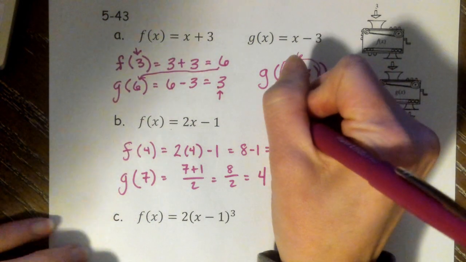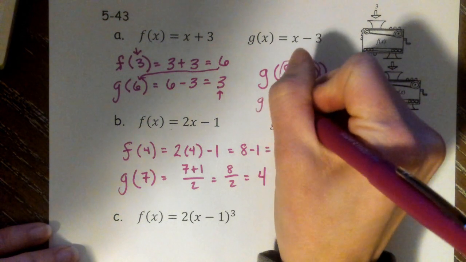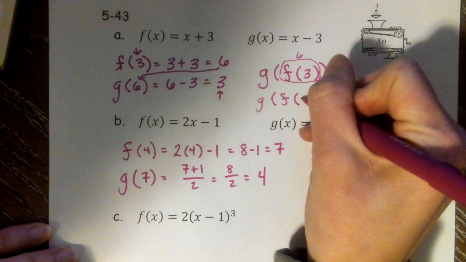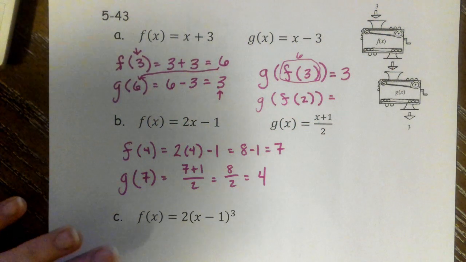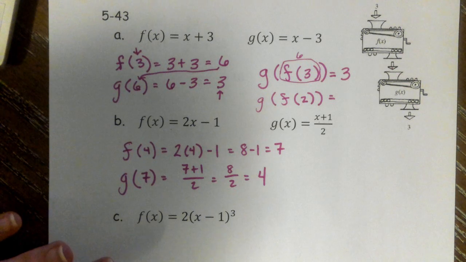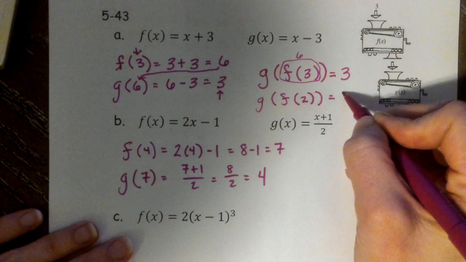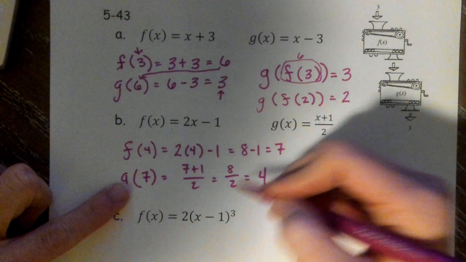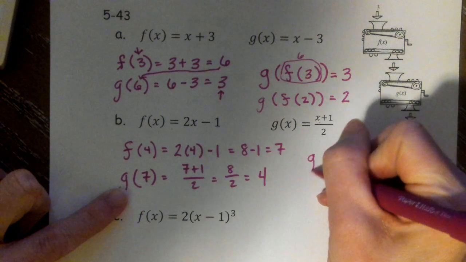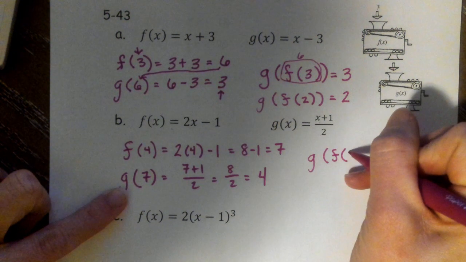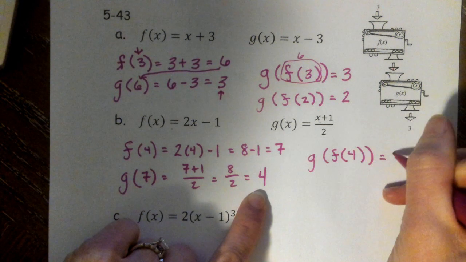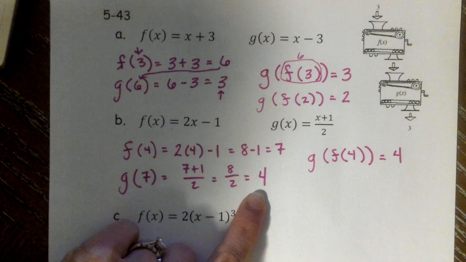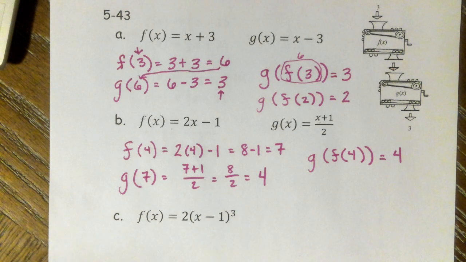So let's say g of f of 2. What do you think you get out? You get out a 2. This one over here, we did g of f of 4. So we got out at the end a 4. Okay?